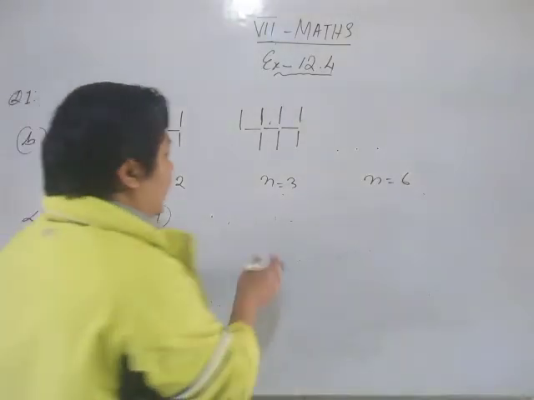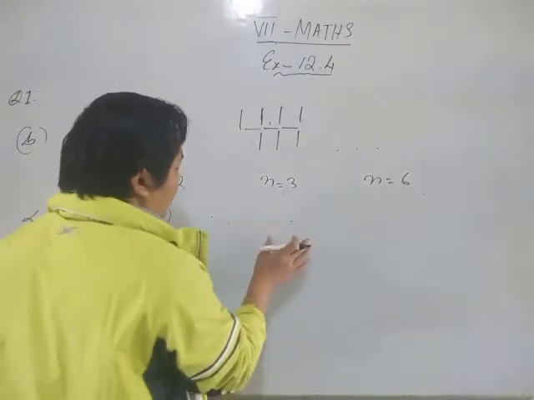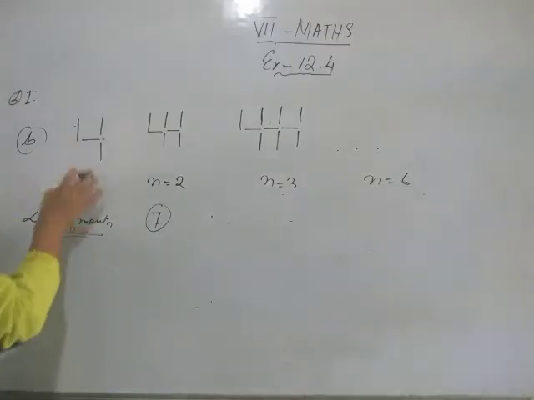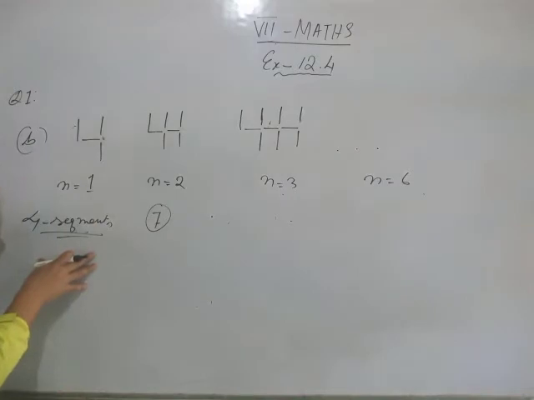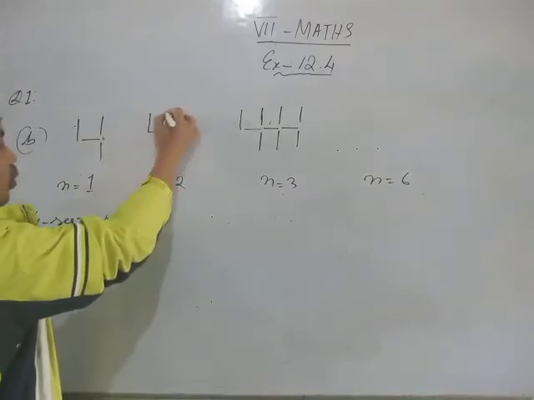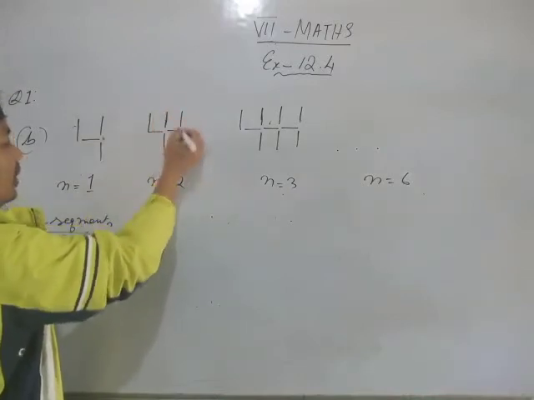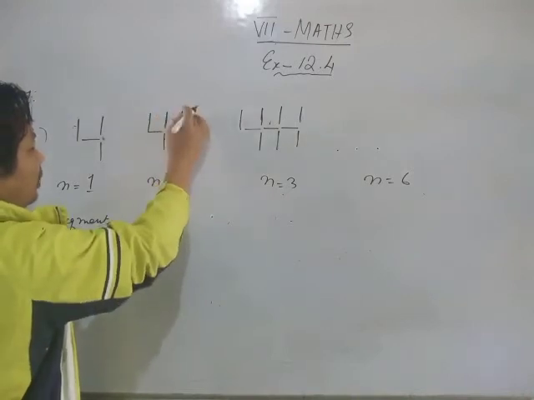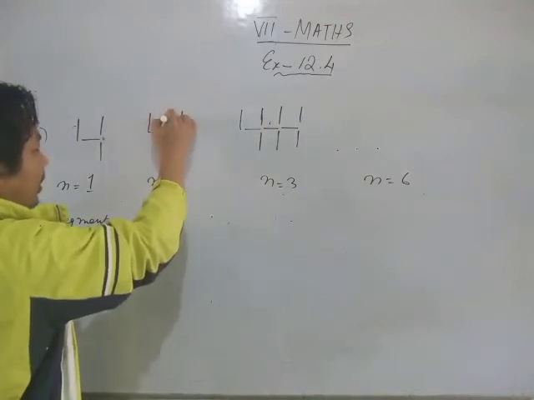Now we know that n is the number of patterns. Consider the first pattern. How many segments are there? 4 are there. We are making the pattern in such a way that one segment is common. So for this, you count 1, 2, 3, and 1 will come again here.